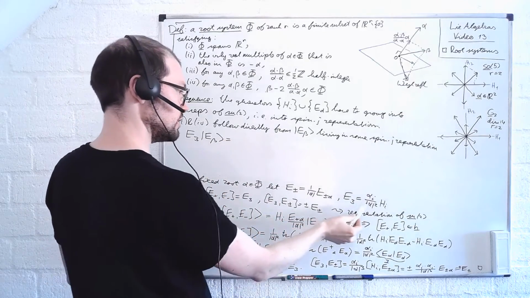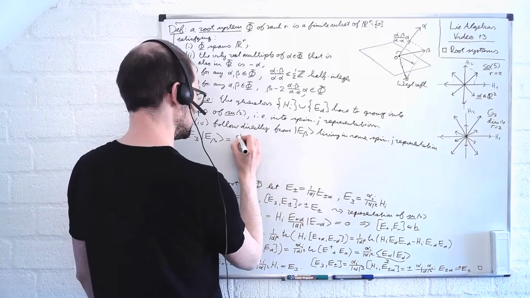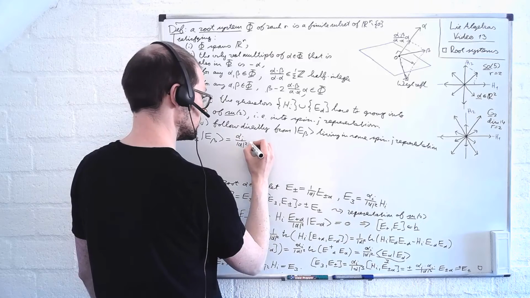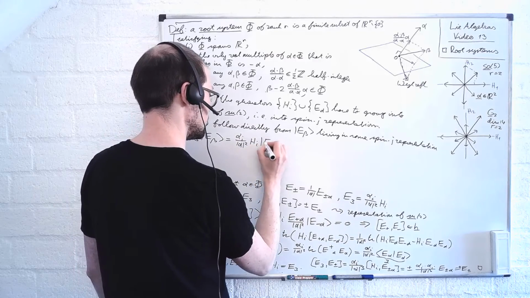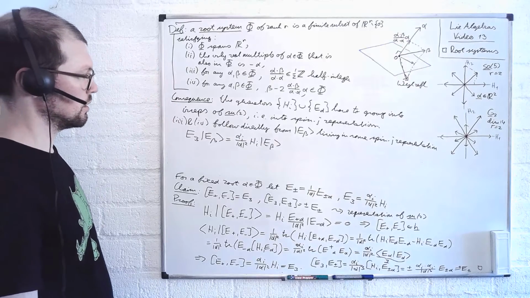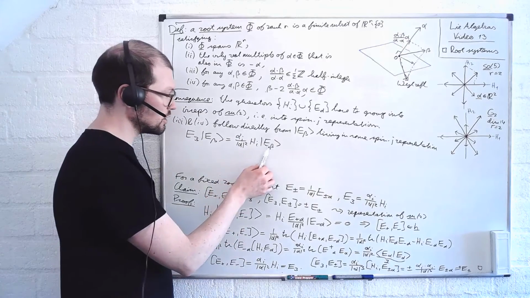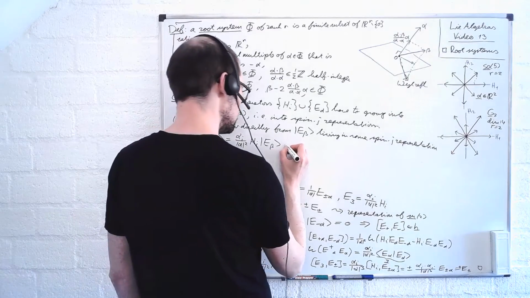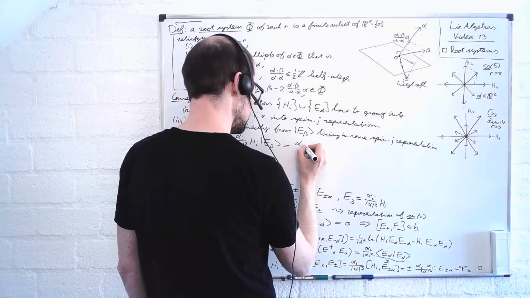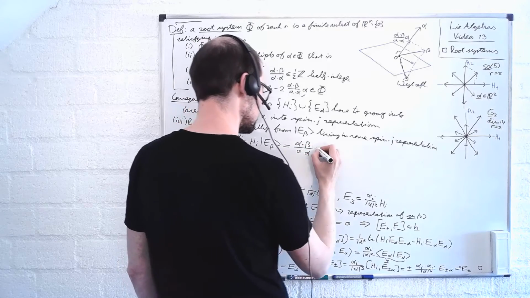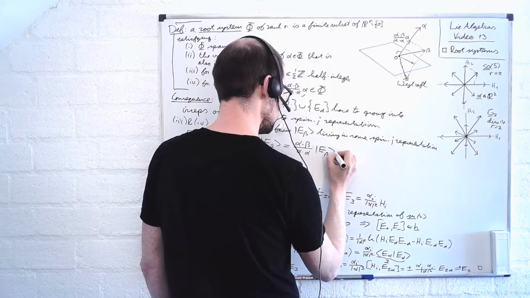So E3 was alpha^i over alpha squared H_i acting on E beta. By definition, E of beta is an eigenvector of the Cartan generators, so this is alpha dot beta over alpha dot alpha acting on E of beta.